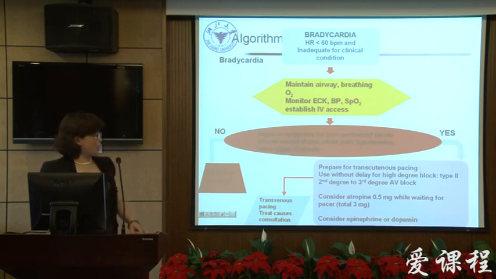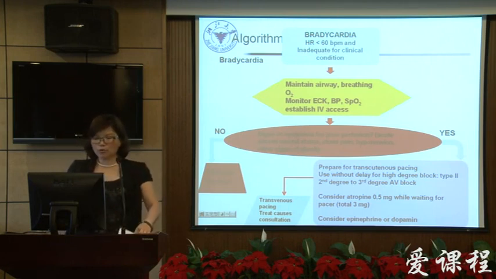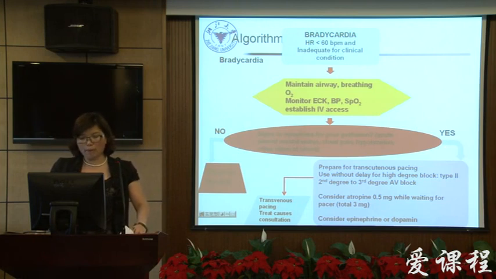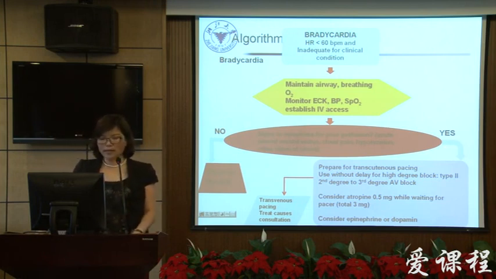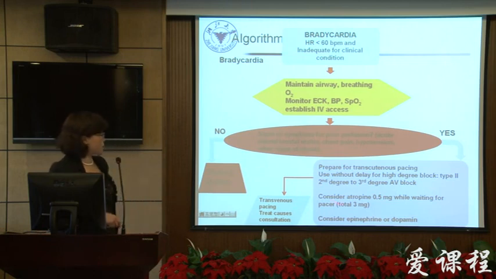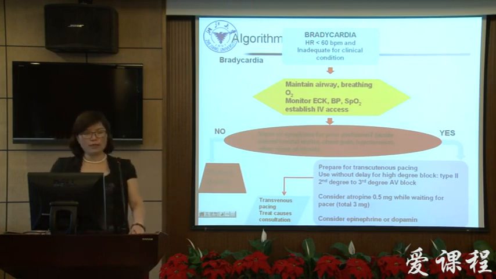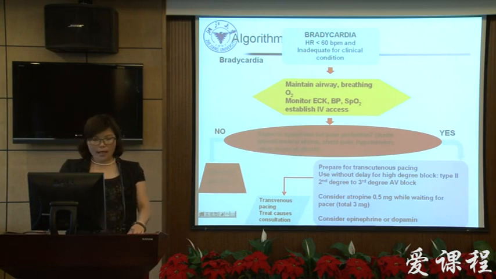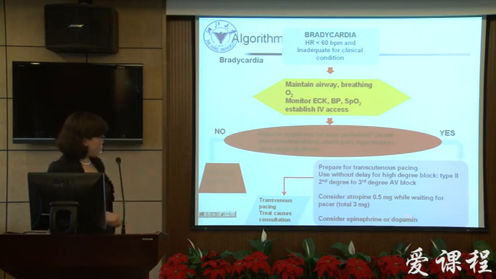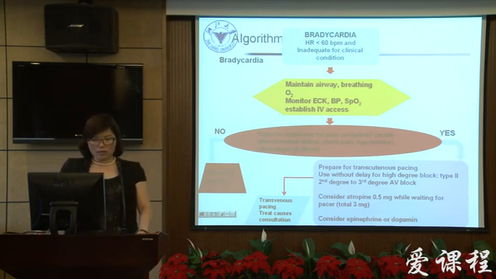What is high degree block? That is type 2 second degree or third degree atrioventricular block. And you can also consider atropine, right? You can give atropine, but sometimes there is no use for this kind of patient. And you can consider epinephrine or dopamine.